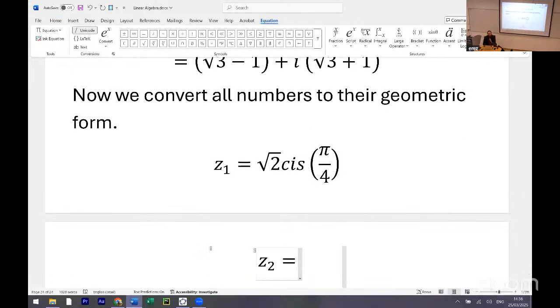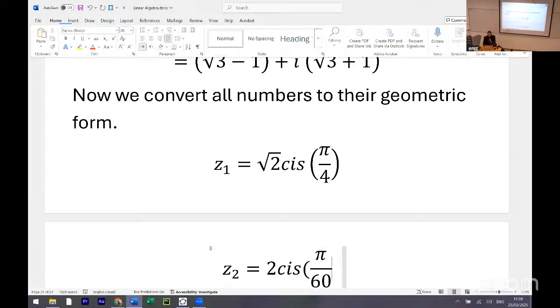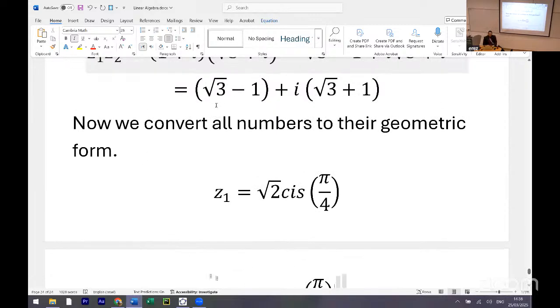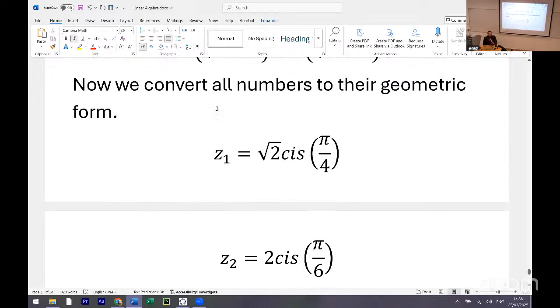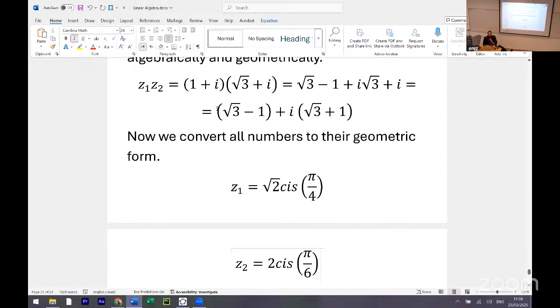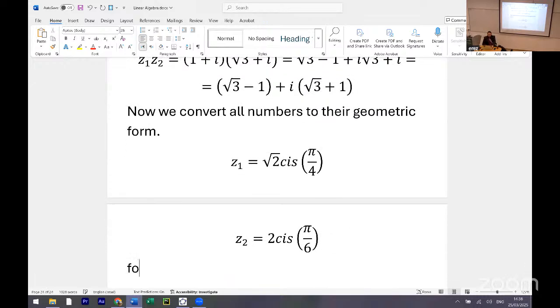Z2 was 2 times cis of pi over 6. Not 60, 6. And their product is the so-called new number. And we'll do it together, for the third and last number, the product.